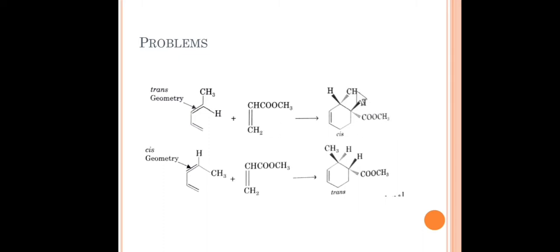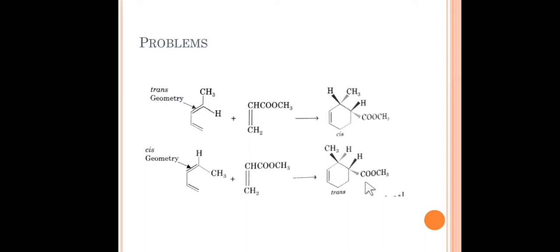So this one has cis geometry. If we have cis geometry of this double bond, again this will go down, but this CH3 group is inside the diene, an inside group, so it will go up. So we have trans geometry for this example.